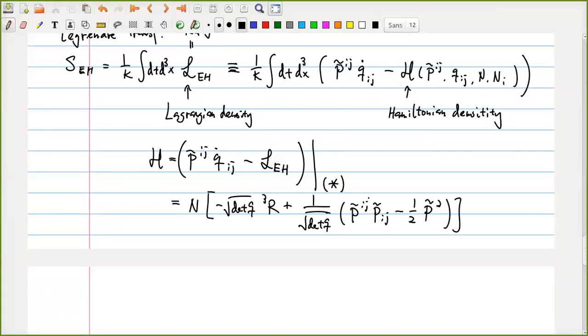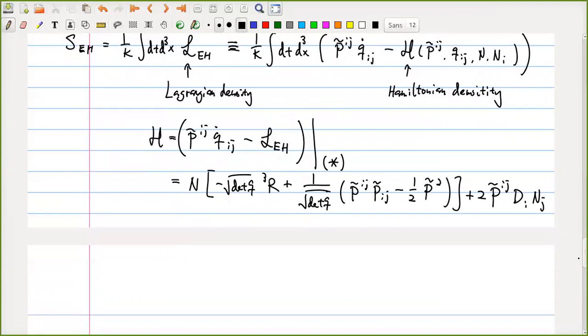So here you have it involving upper ij and lower ij, and of course the indices ij are raised and lowered by q_ij, the spatial metric. And plus 2 P^ij D_i n_j. So this is the result for the Hamiltonian. This formula I will call formula A.